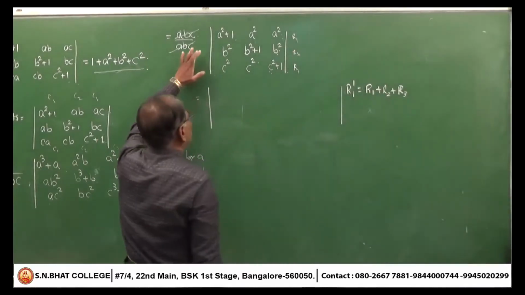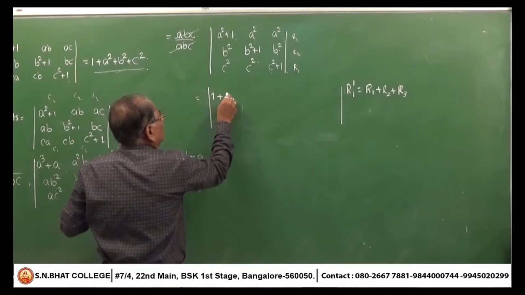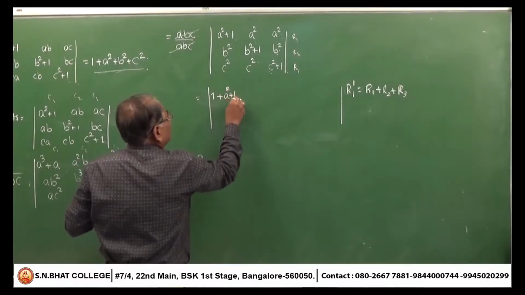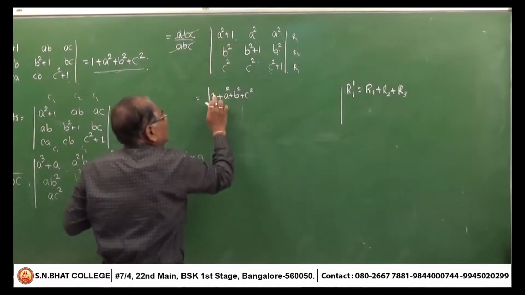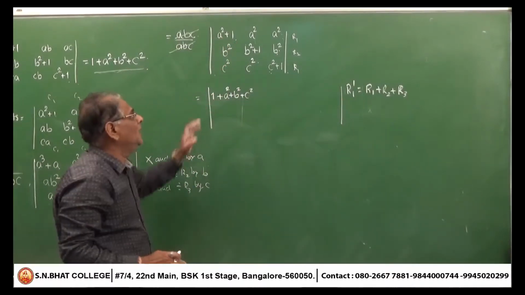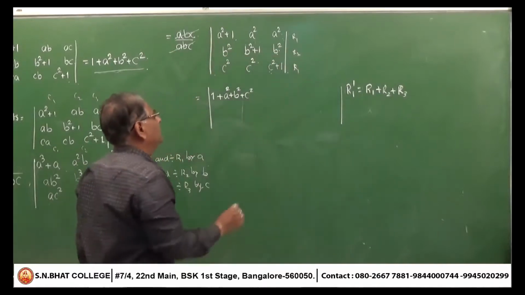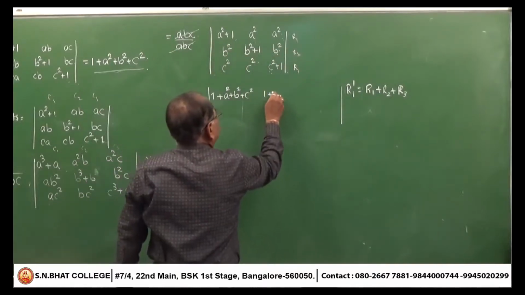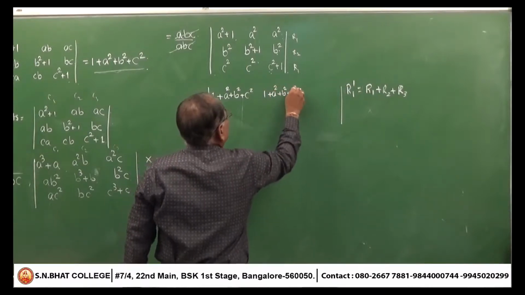Add the 3 rows. First element is 1 plus A square plus B square plus C square. Adding like this, you have to write it in R1. Plus 1 plus A square plus B square plus C square.